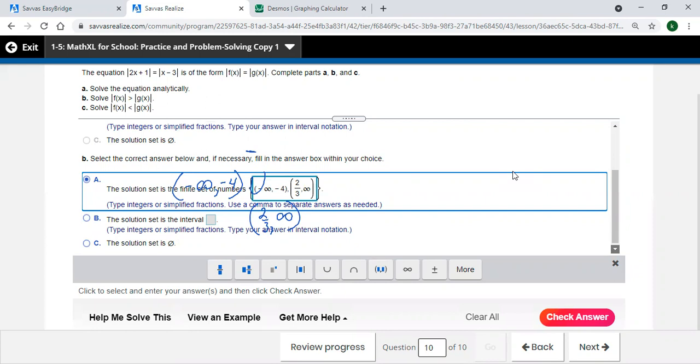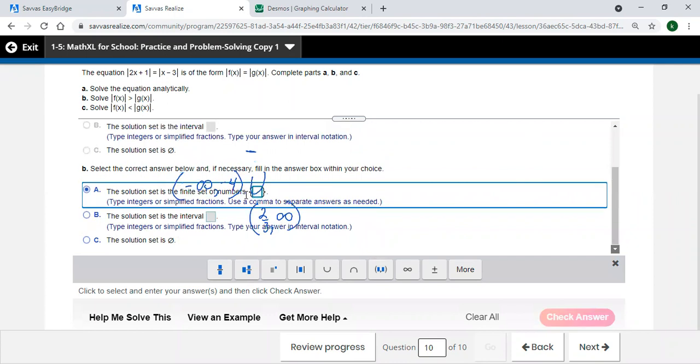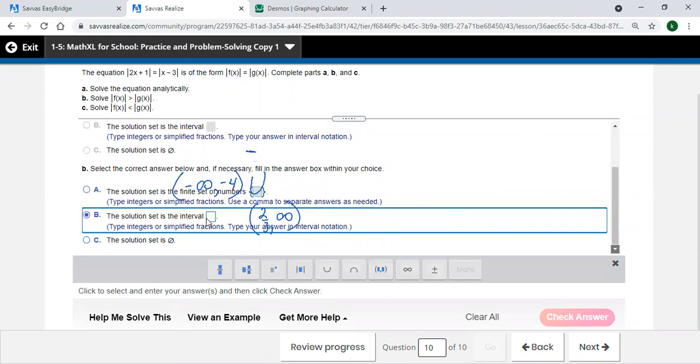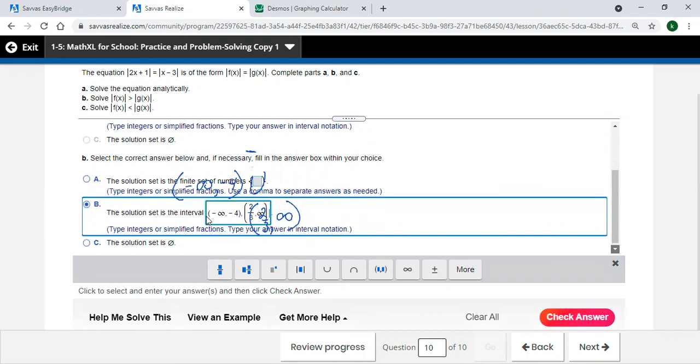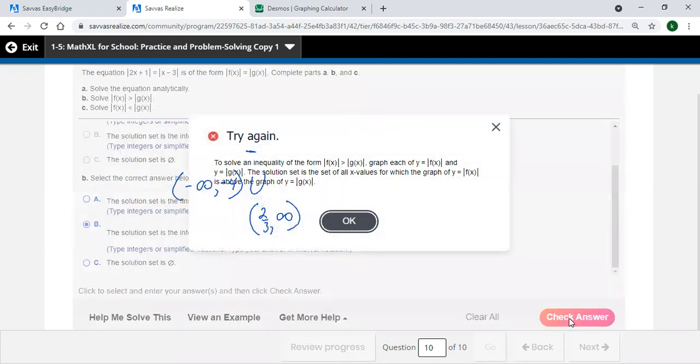We do, and use commas to separate answers as needed. Oh, I've got this typed in the wrong place. I put it in the finite set. There we go. I'm gonna Control X, cut that out of there. This is an interval we're typing. Man, I couldn't figure out what we did there. Let's check that. Oh no, this says it doesn't like it.